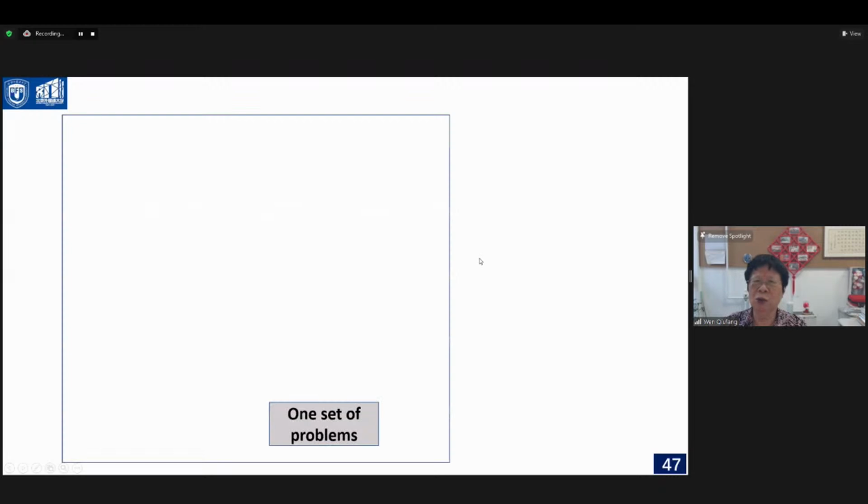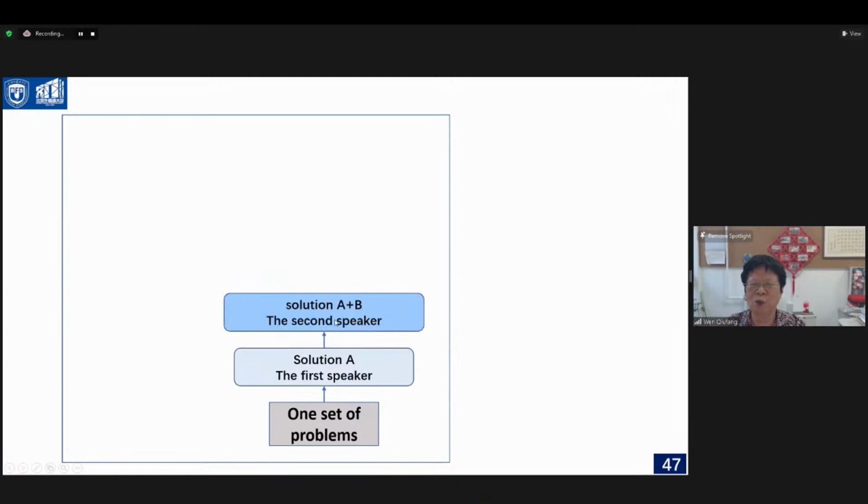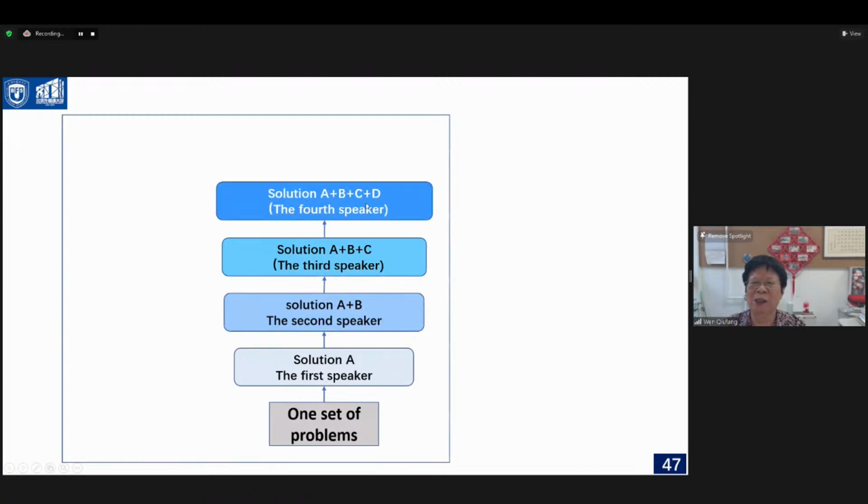Now, I will show you why we are doing it this way. You may say that we have one set of problems, and the first speaker might provide solution A, the second one will add B to A, the third one will add C to AB, and the fourth one adds D to ABC, and of course that could be continued.